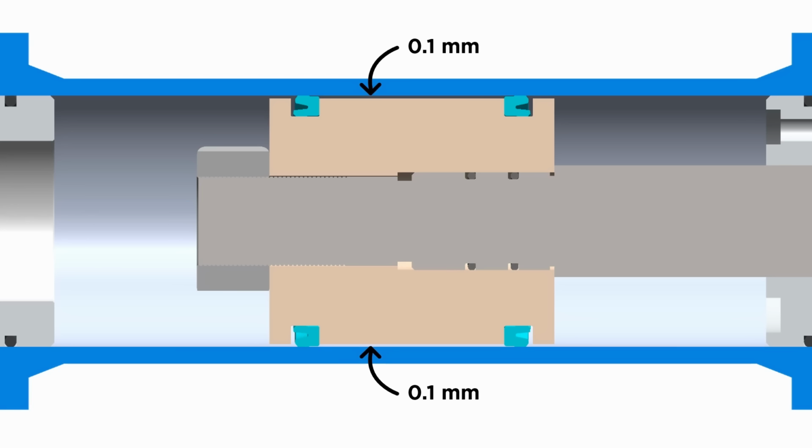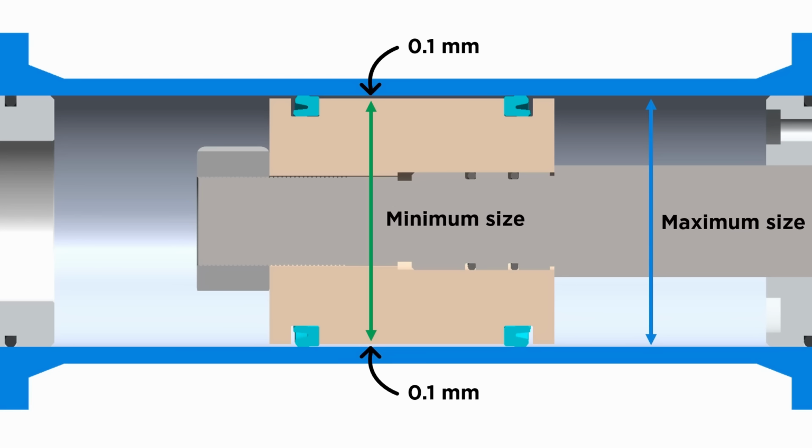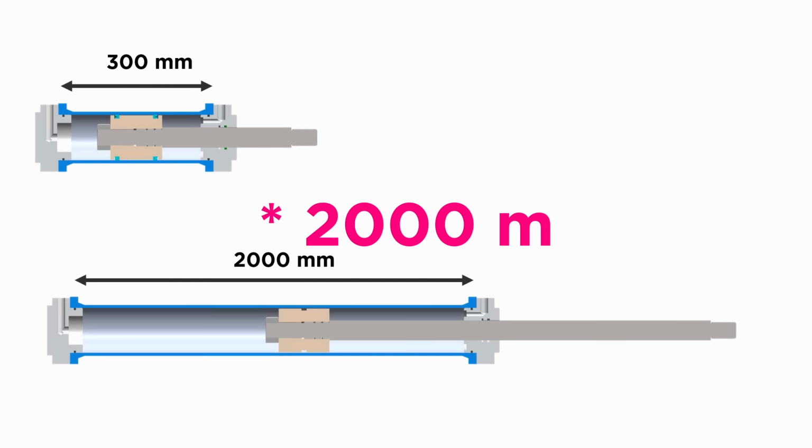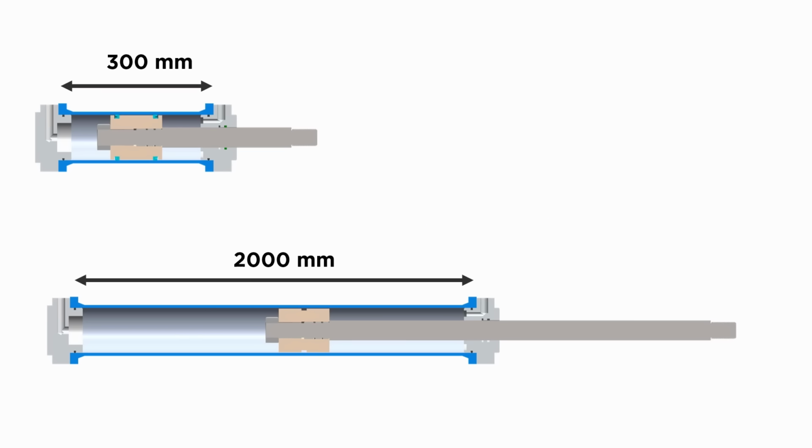However, this is the maximum clearance, meaning when the piston diameter is at its minimum size and the bore diameter is at its maximum size. Now, this is not a difficult requirement for a shorter stroke like 300 mm in our case, but for a longer stroke, let's say 2000 mm, it would be difficult to maintain.